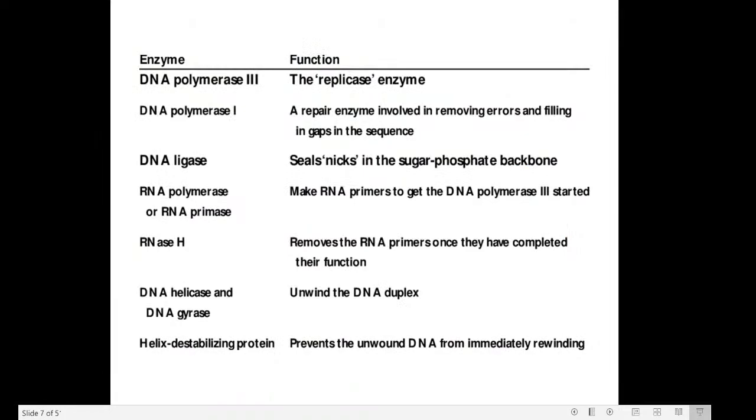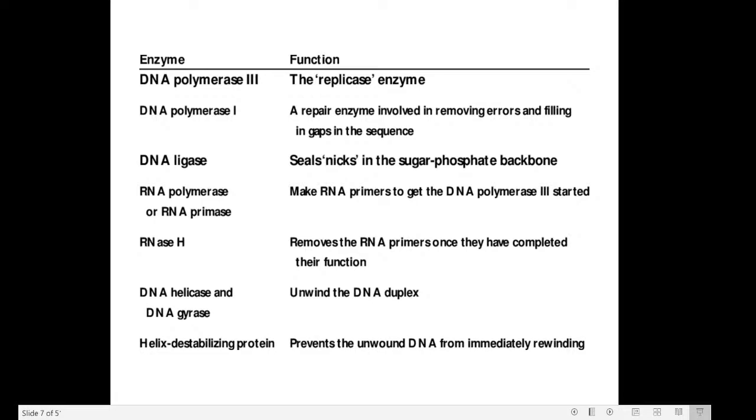These are all the specific enzymes which help in each and every step. DNA polymerase functions as a replicase enzyme. DNA polymerase 1 is a repair enzyme. Ligase helps to seal the sugar phosphate backbone.